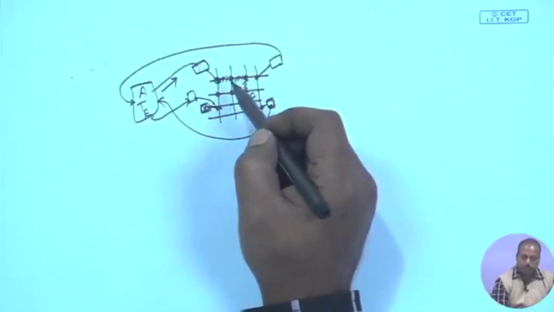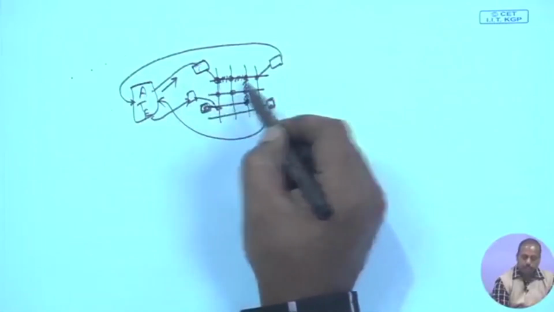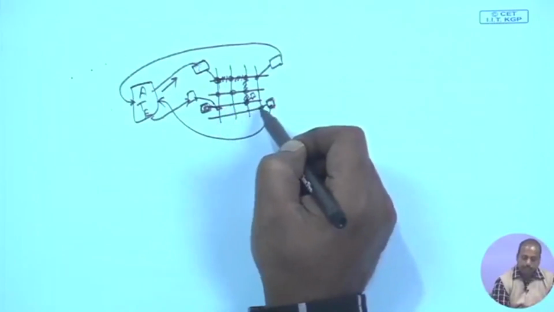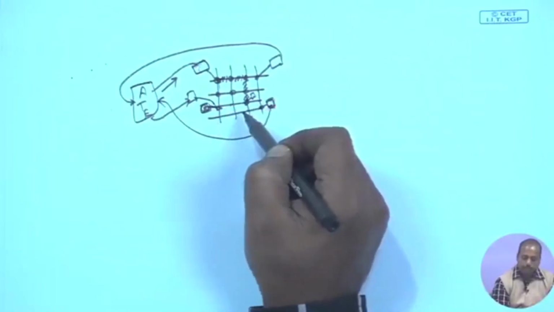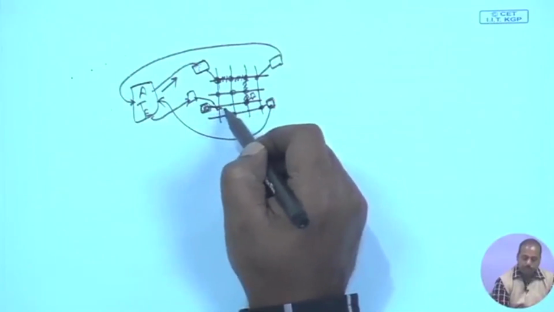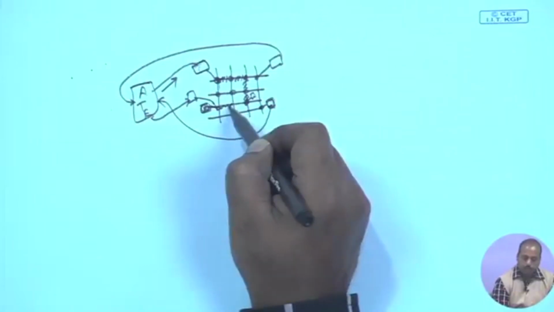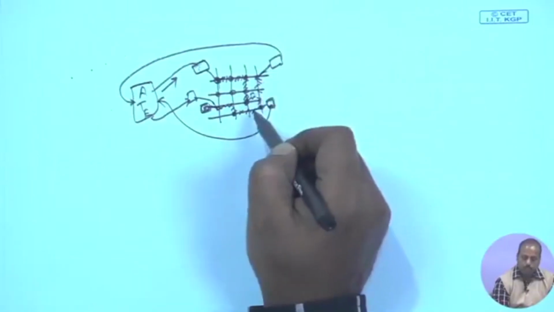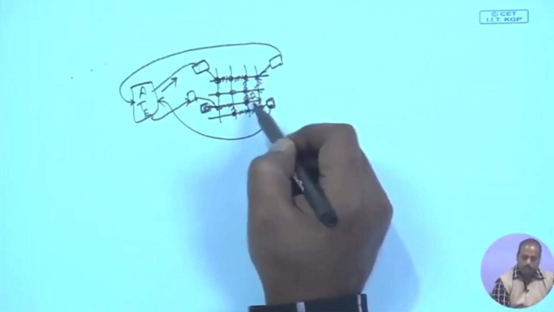Two parallel tests can go on. If another test is testing, say, this core, it is possible, because the test patterns can go through this channel and reach here, and the response can be sent like this to this channel. So, these paths are non-overlapping.